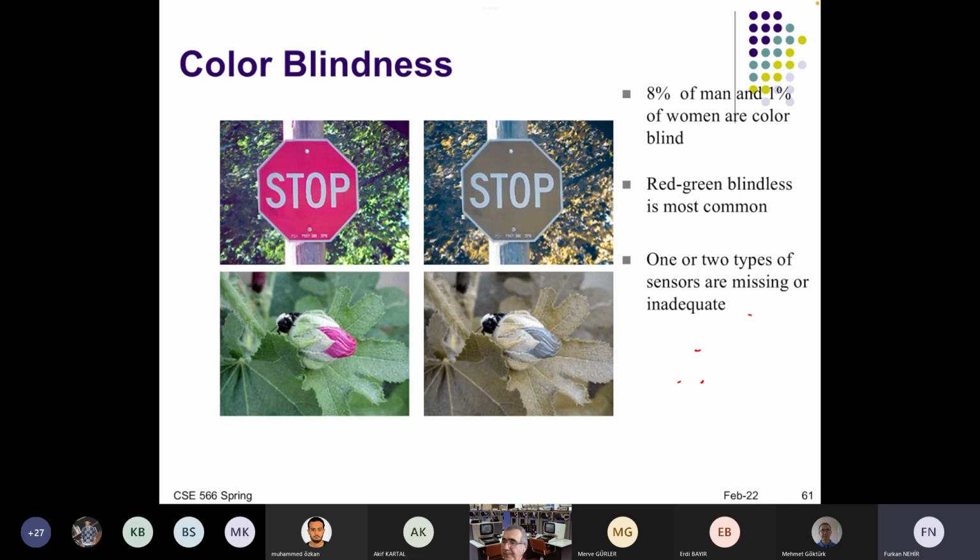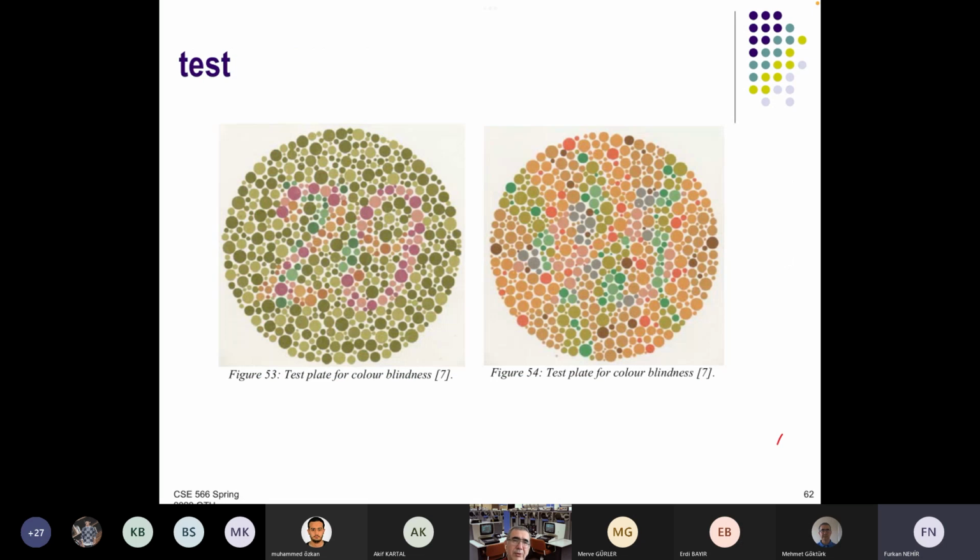So what do you read on the left and what do you read on the right? So you can type on the right. Now we are making an eye blindness, color blindness test.